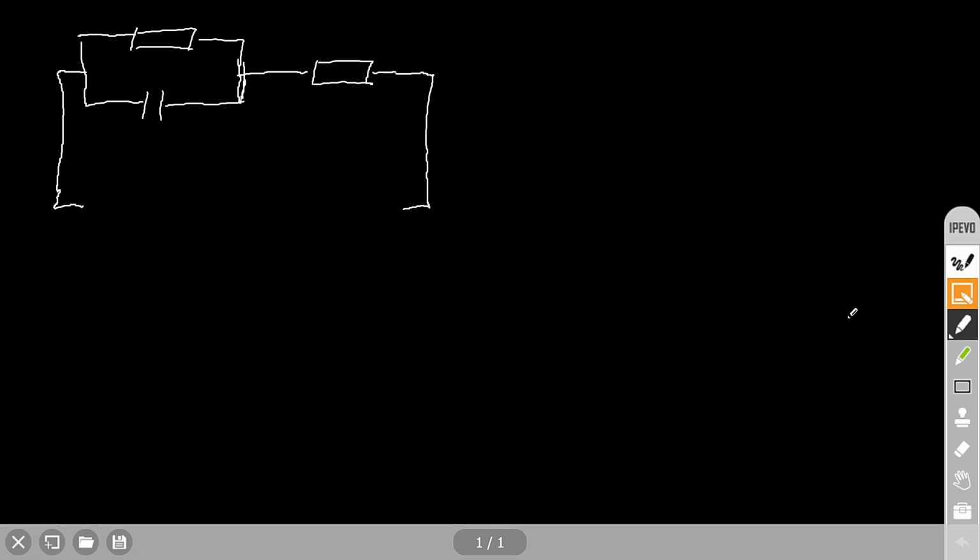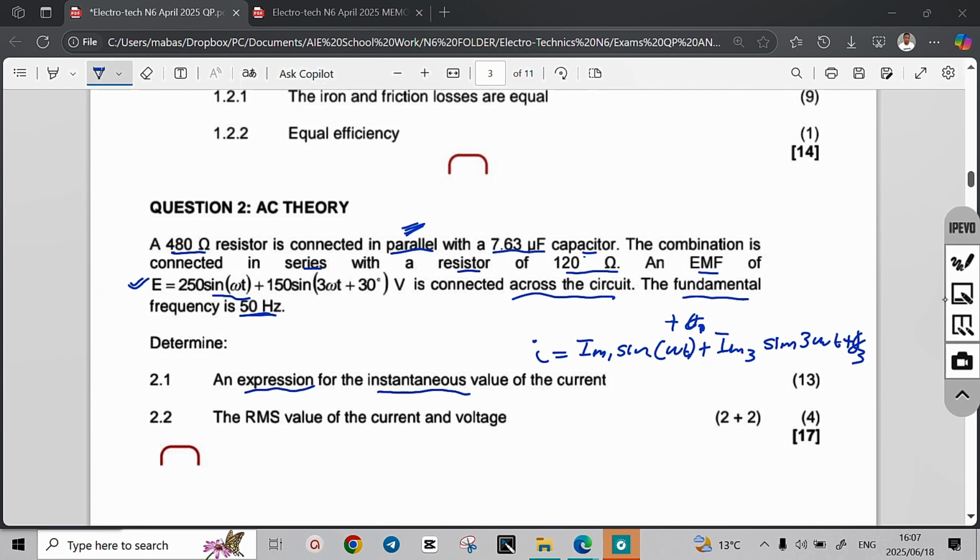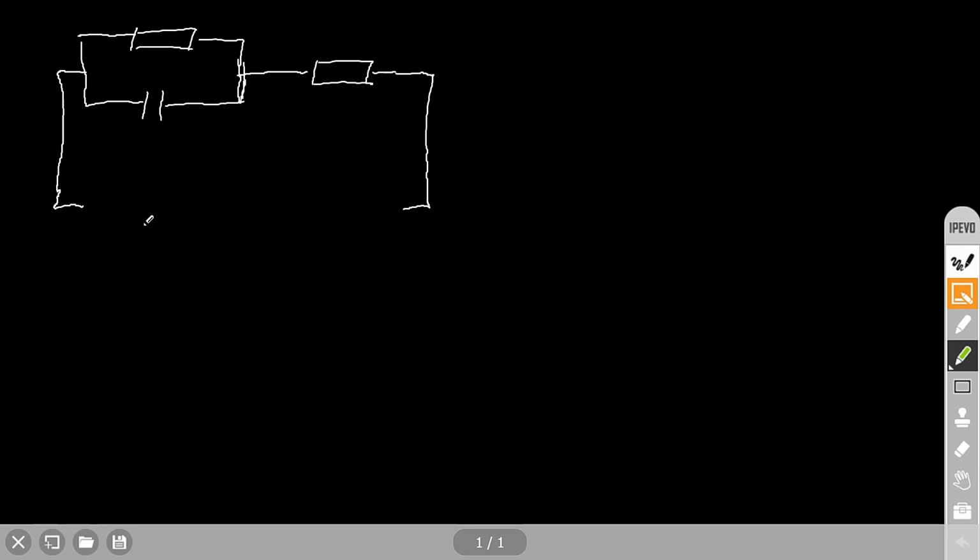So our sketch, guys, will look like this. And then here I'll just write the voltage. This is our voltage here. They're supposed to use a small e, so I'll just use a small e. So e is equal to 250 sine omega t plus 150 sine 3 omega t plus 30.